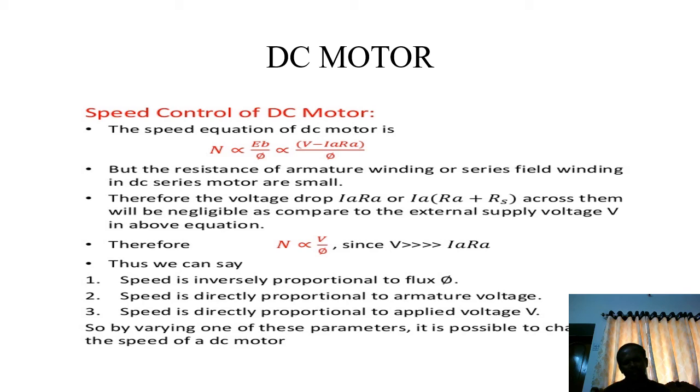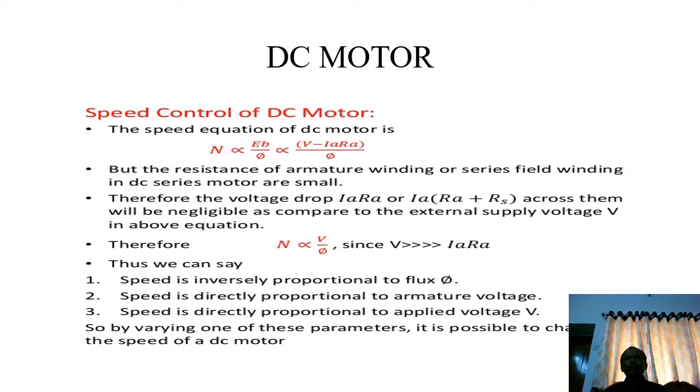Here you know that equation. Speed is directly proportional to V minus Ia Ra by pi. In case of the series motor, V minus Ia into Ra plus Rsc by pi.